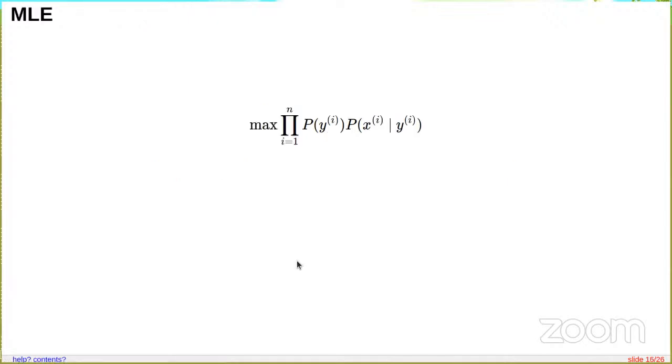Okay, so how do we estimate the parameters? Maximum likelihood estimate, right? So we do MLE. If you have n data points, then you take the product of the joint probability, right? x superscript i, if you recall, is the data point. Now, how can I decompose this second part, P of xi given yi?